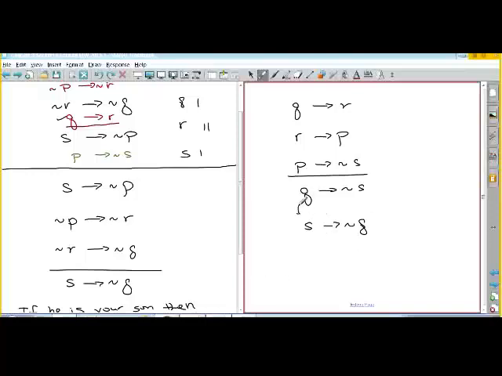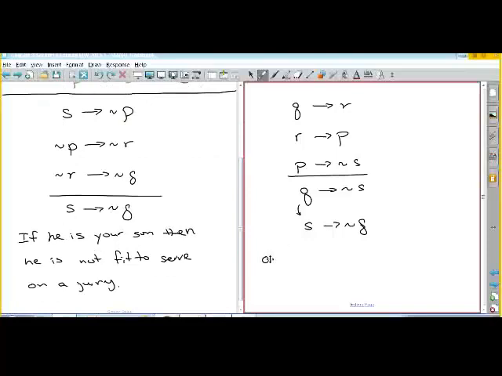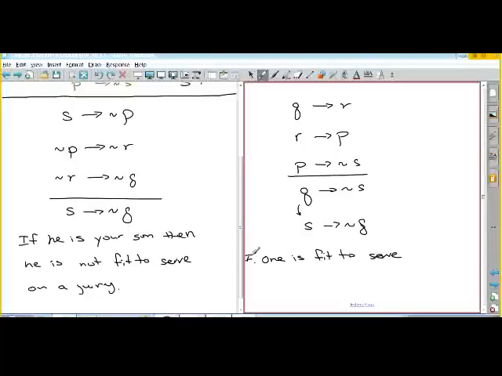So let's just, what is the contrapositive? These are equivalent to each other, but let's write the statement that associates with that. You would say: if one is fit to serve on a jury, then he is not your son.